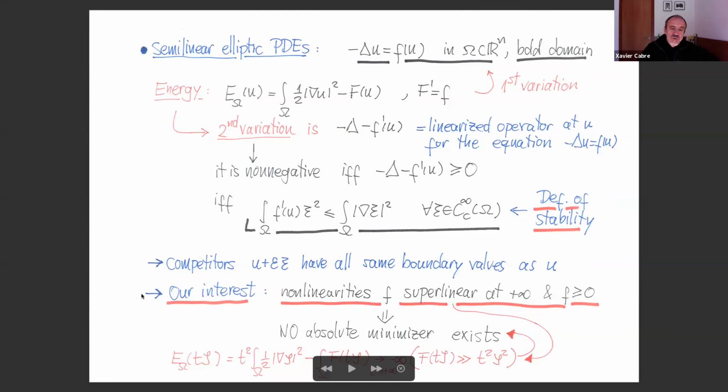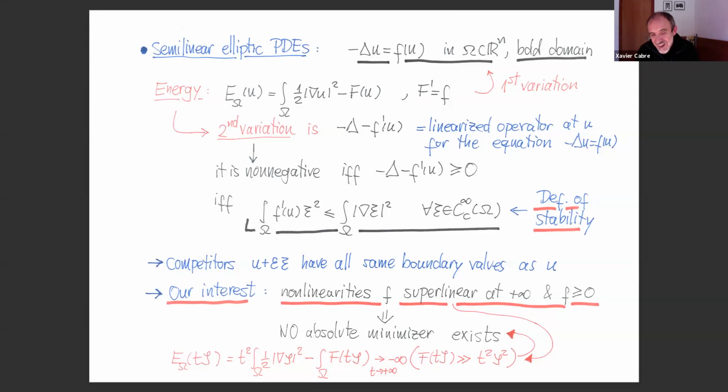And what about the nonlinearities? Well, our interest, as you will see, comes from a problem in combustion theory, and the nonlinearities that we have in mind are those which are non-negative and even superlinear at plus infinity. These are the nonlinearities which are bad.